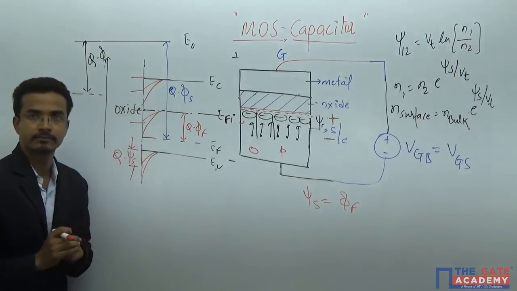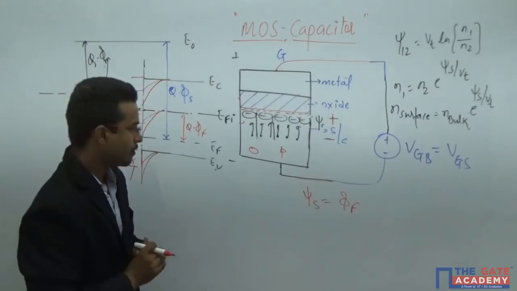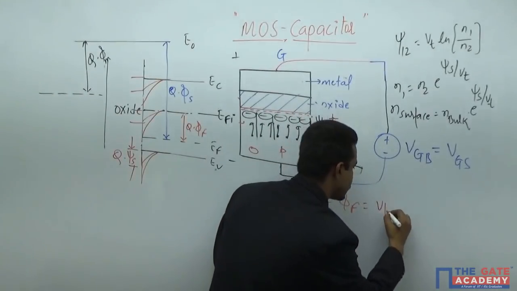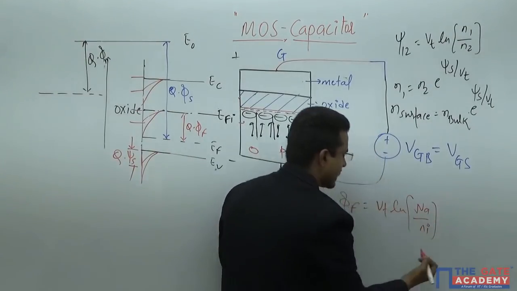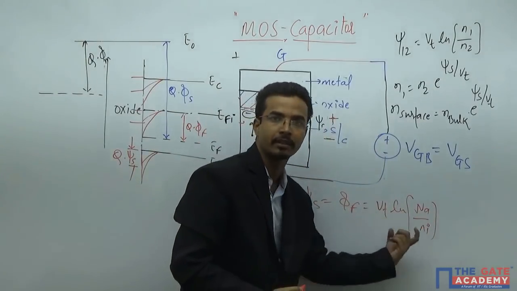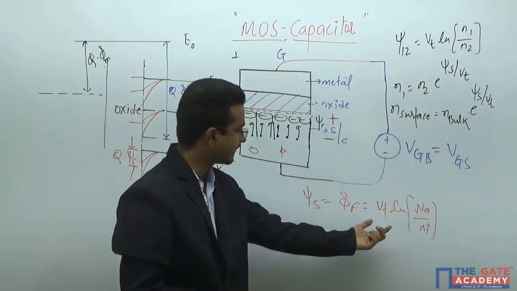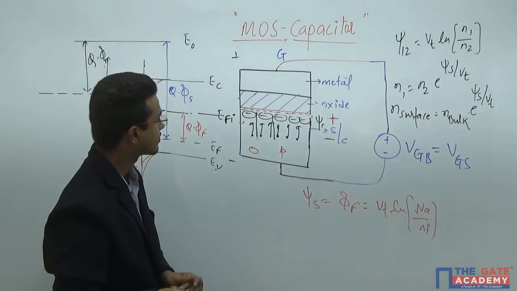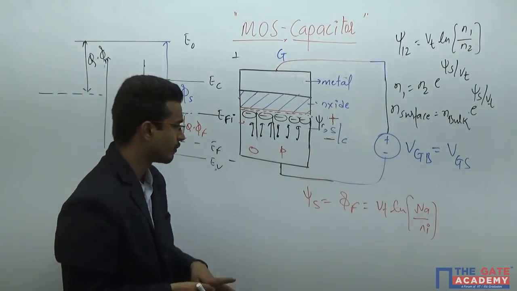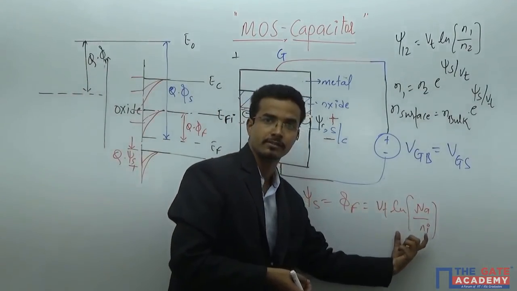And you know the Fermi potential is Vt ln Na upon Ni, which is basically the Boltzmann relation. I hope you have studied this in the junction theory, p-type and n-type materials. Whenever you make the junction, you will get such Fermi potentials.